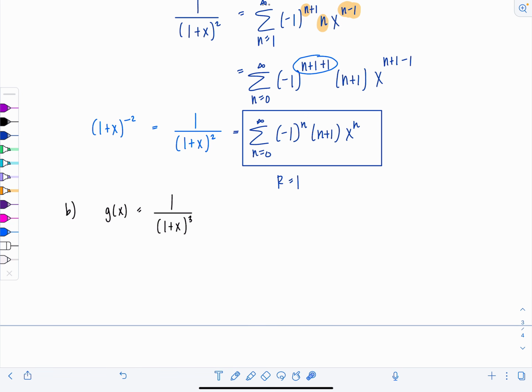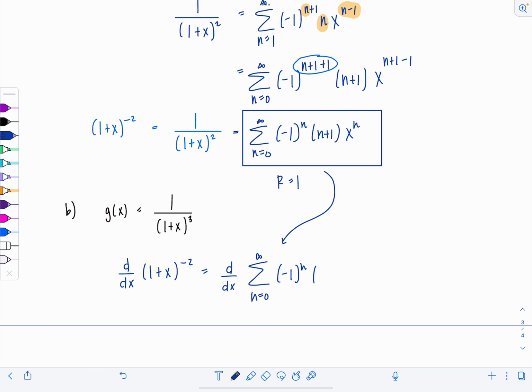Which is 1 plus x to the negative second. So if I want to change the exponent in the denominator from 2 to 3, make it go up, take a derivative. So derivative with respect to x of 1 plus x to the negative second is going to be the derivative with respect to x of this glorious power series we just found, n equals 0 to infinity, negative 1 to the n plus 1, x to the n.